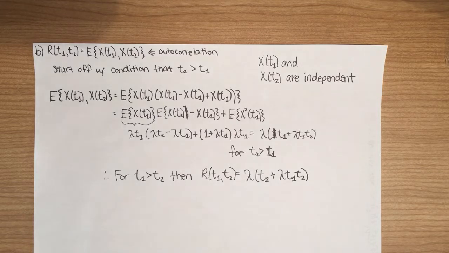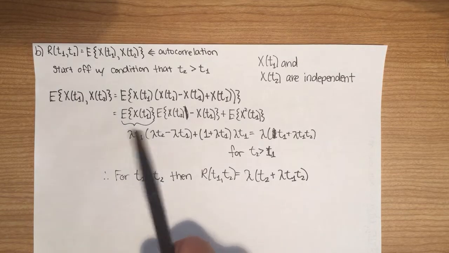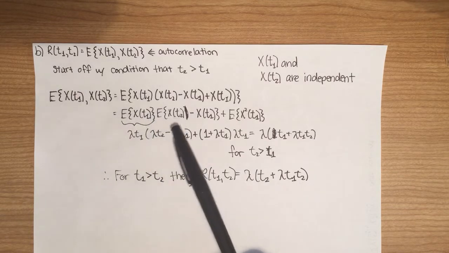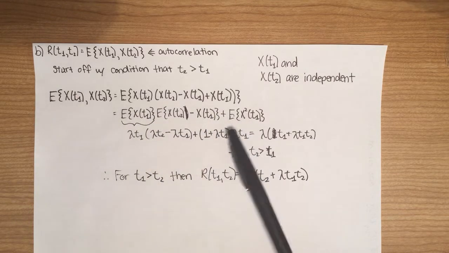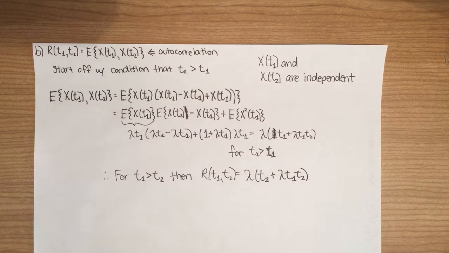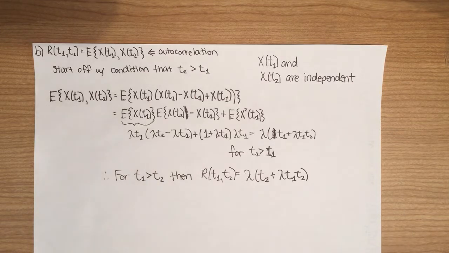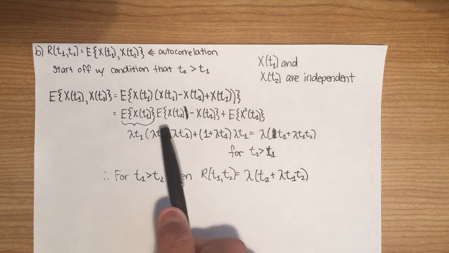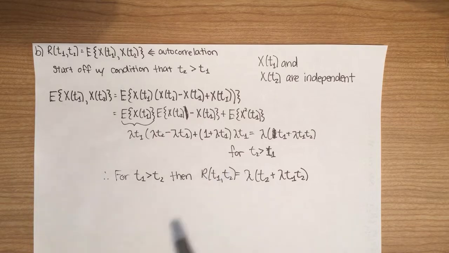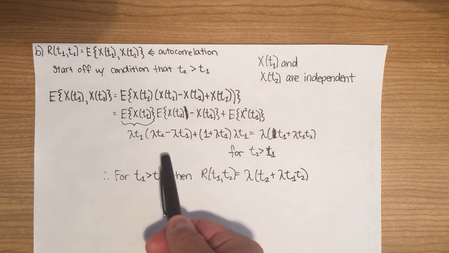We split them up into the expected value of x of t1 times the expected value of x of t2 minus x of t1, plus the expected value of x squared of t1. And, well, we know what this equals. The expected value of x of t is lambda t. So the expected value of x of t1 is lambda t1, and over here the expected value of x of t2 is lambda t2, and so on.